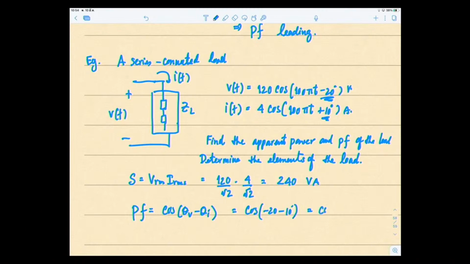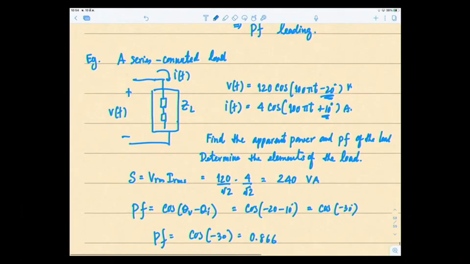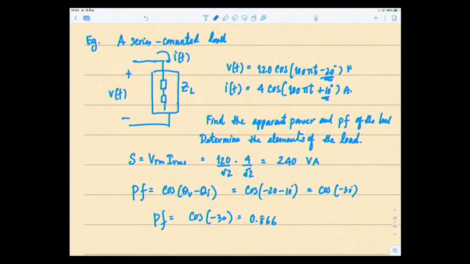So equal to cos of minus 30 degrees. And the answer is 0.866. If you realize, cos of minus 30 and cos of positive 30 give you the same answer.